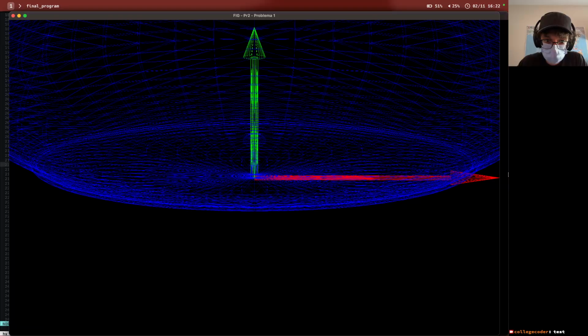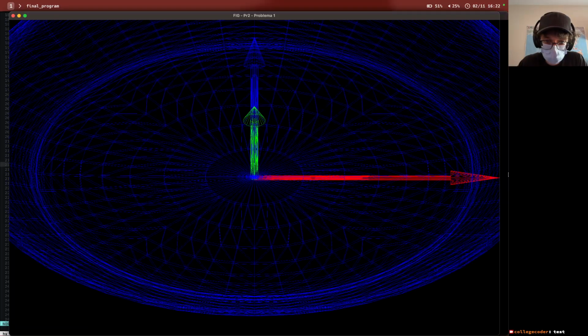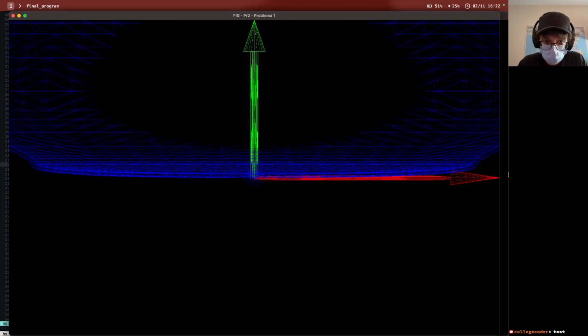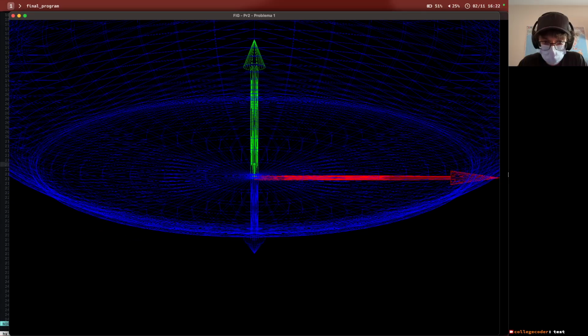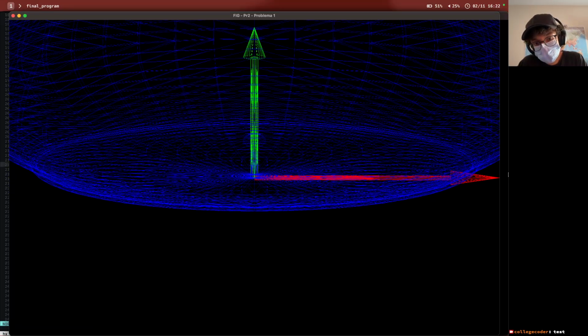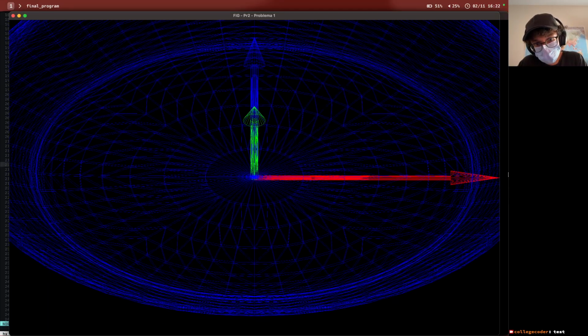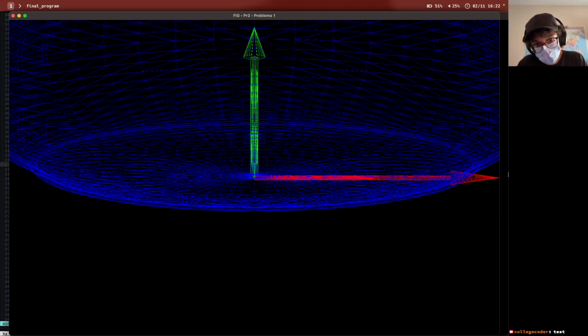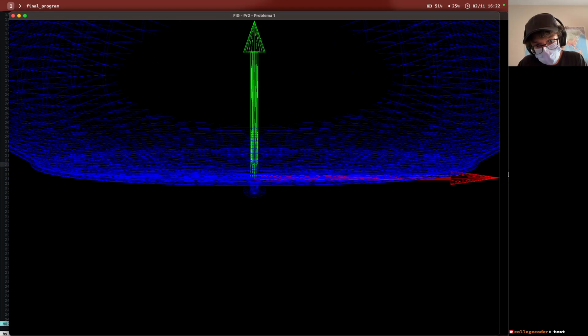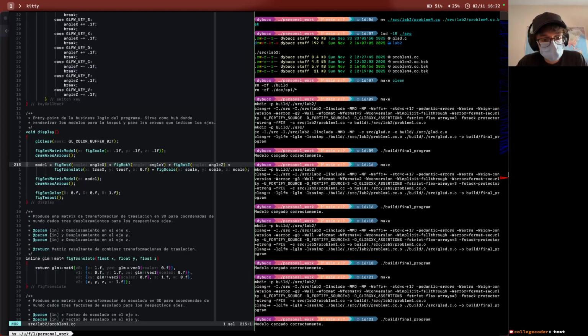If I rotate negatively, it's not supposed to go that way. It's as if the z-axis switched directions. And I think that's wrong. Yep, pretty confident that's wrong.